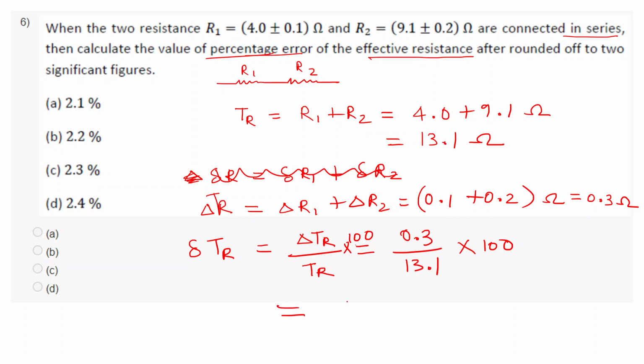Using the calculator for this calculation, 0.3 divided by 13.1 gives many decimals, but what we have to be careful about here is that the significant figure is 1, so the significant figure here also should be up to 1.